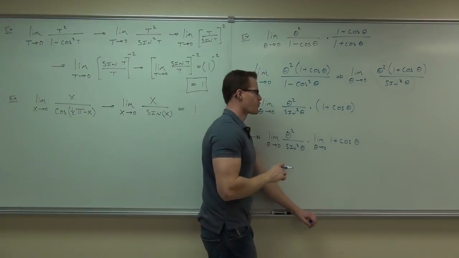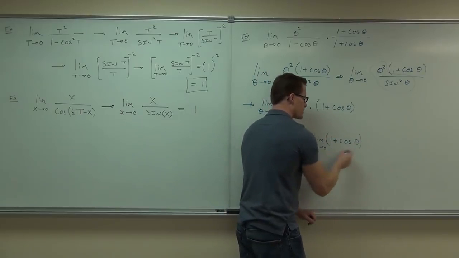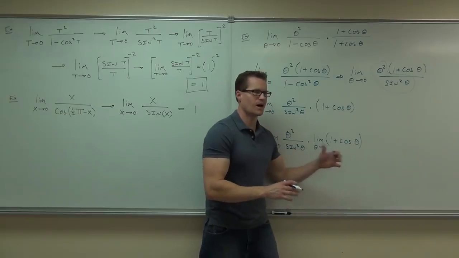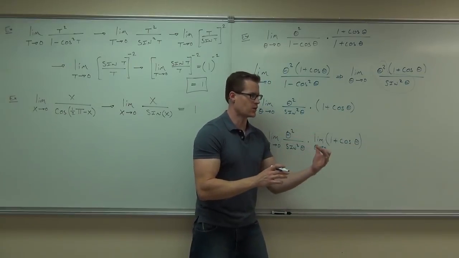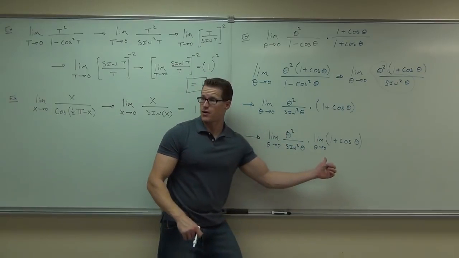Also, one little piece of information, when you're doing these limits, you have a lot going on, make sure you're putting the parentheses around the argument of your limit, just to make sure that you know I'm taking the limit of this whole thing, not just a limit of 1 and then adding cosine theta. Does that make sense to you? Make sure you see that. Did you make it this far?